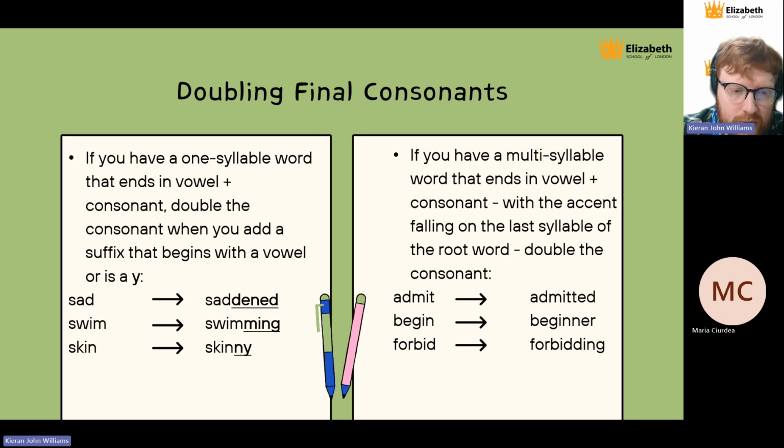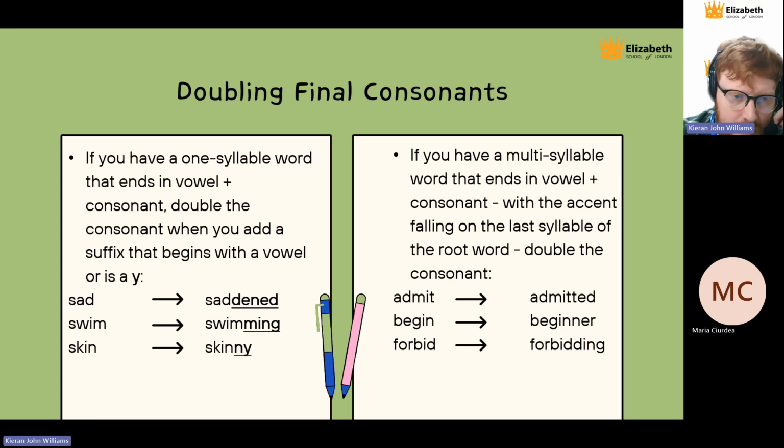Okay, so here we've got the word sad, we've got the word swim and skin, and then when we're changing them later on, they have double letters. So sad with one D becomes sadder with two Ds. Swim with one M becomes swimming with two Ms, and then skin becomes skinny, again with double letters here. All right, so we're going to have a look at the reasons for this now.